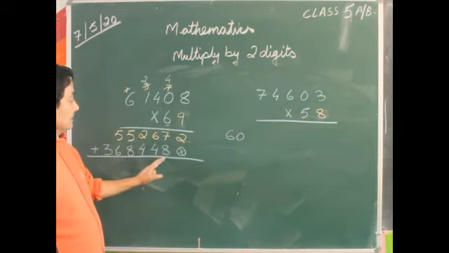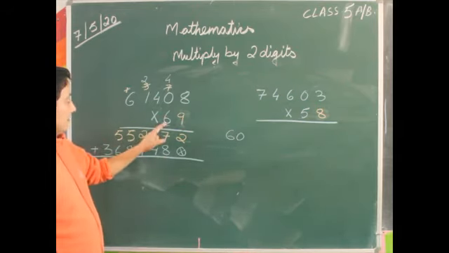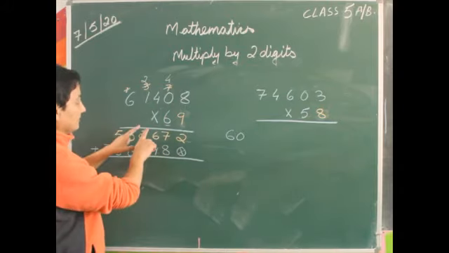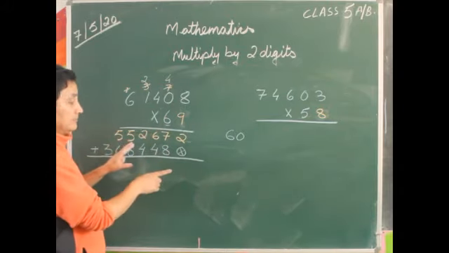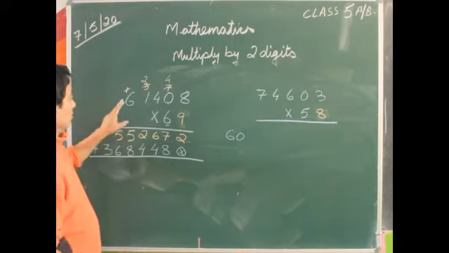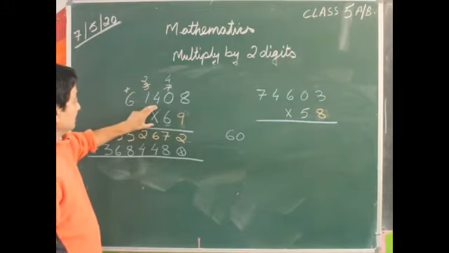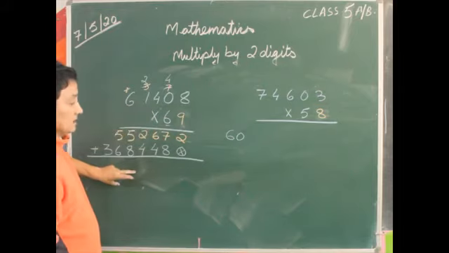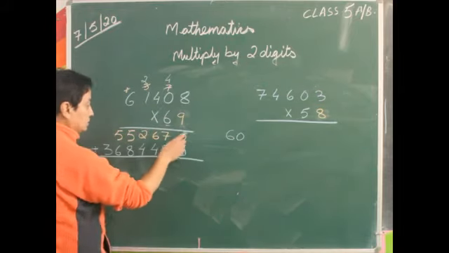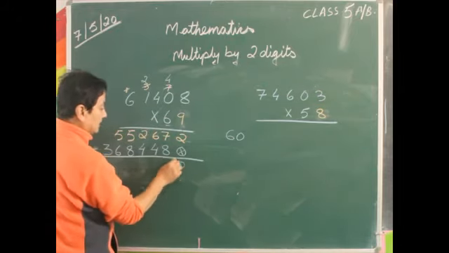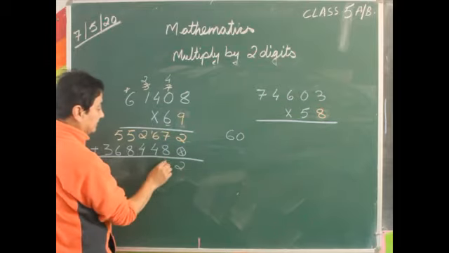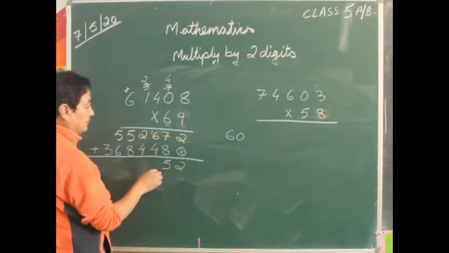Now the second answer is when we multiply by 6. Now we must add up to know what answer we get when we multiply this number by this number. So let's do 2 plus 0, 2. 8 plus 7, 15. 6 plus 4, 10.